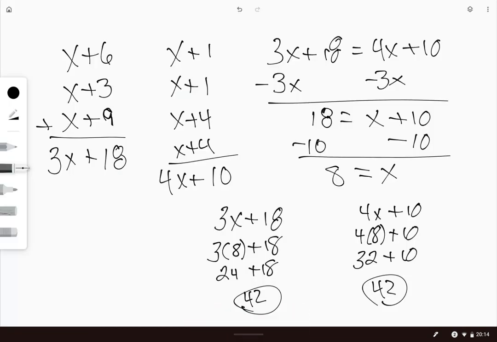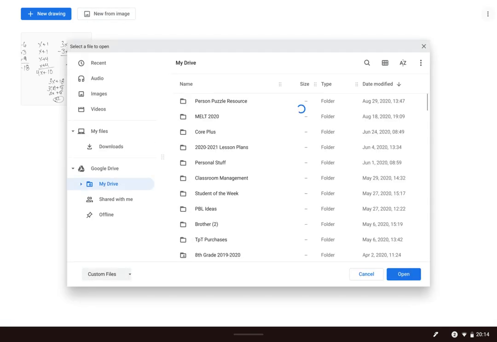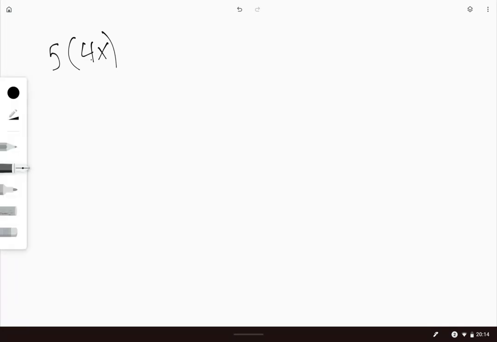So since the side of my pentagon is 4x, and I have 5 sides, I'm simply going to do 5 times 4x, which is going to equal 20x.